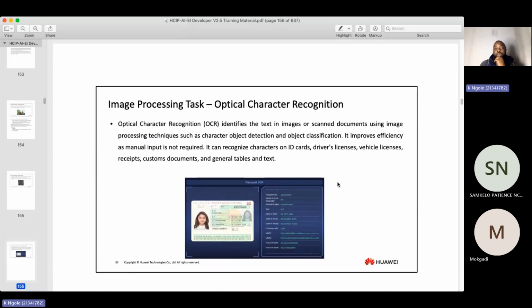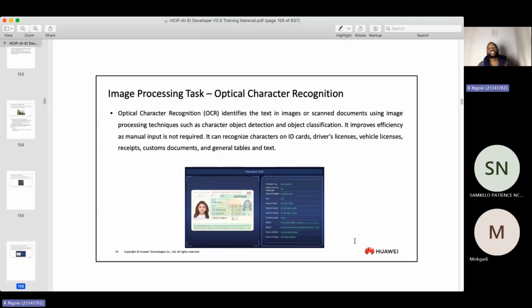All right. And then we have OCR, optical character recognition. This is what is used, especially nowadays, when you upload a picture of your ID on a certain platform, the platform is going to identify information on that ID and actually extract only that information.